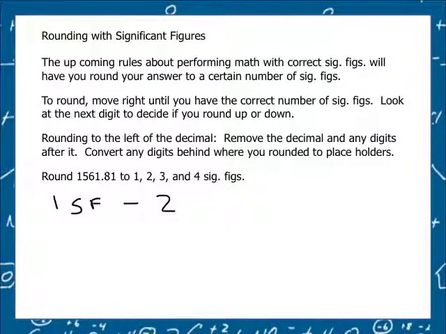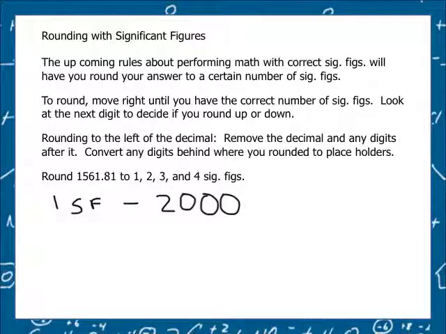Now 2 has the correct number of significant figures that we're looking for in this example, 1, but do you think 2 is a very good estimate of the original number, which was 1,561.81? No, because it's much, much too small. We need placeholder zeros, and I need 3 placeholder zeros to keep that number in the thousands place.